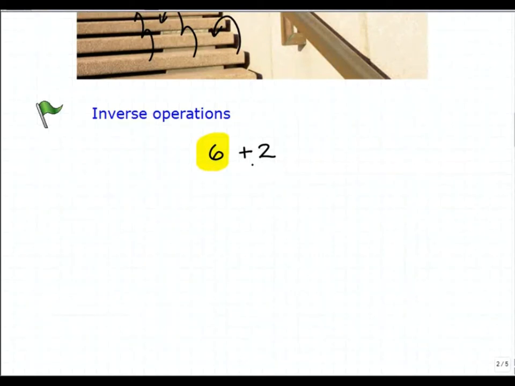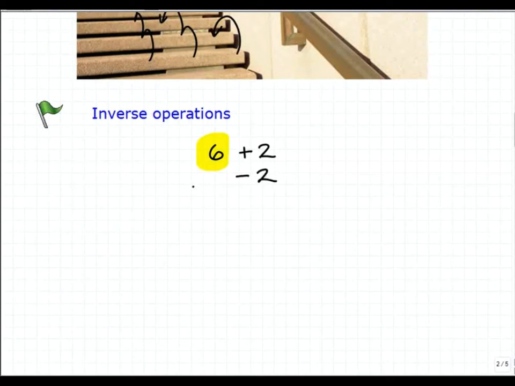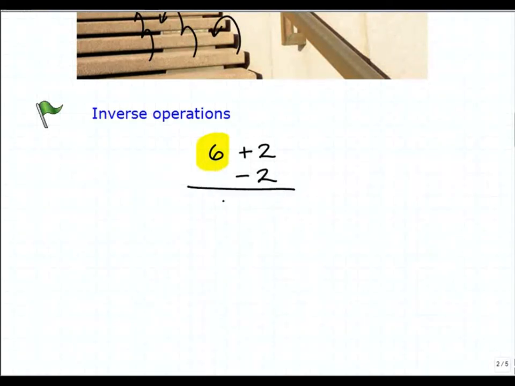If I want to undo what I did, I can simply subtract that 2 away, and I'm left with my 6. So 6 plus 2 minus 2 gets me back to 6. So this undoing of something is an inverse. So when I added 2, to undo that addition, I use subtraction. So an inverse operation is an undoing operation. So for addition, it's going to be subtraction.